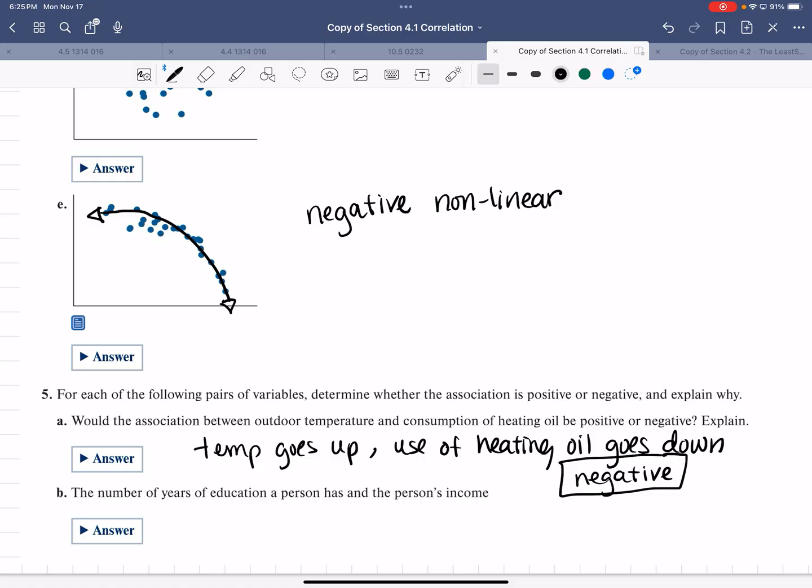The more years you've gone to school, as far as like you start off with RN, then BSRN, then they call it MSRN. Okay, so you're a nurse practitioner. Does your income go up as the number of years you've gone to school go up? Yes. They have done studies over it, and that is supposed to happen.